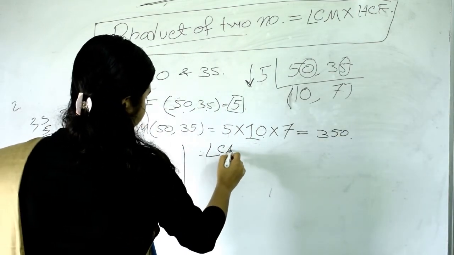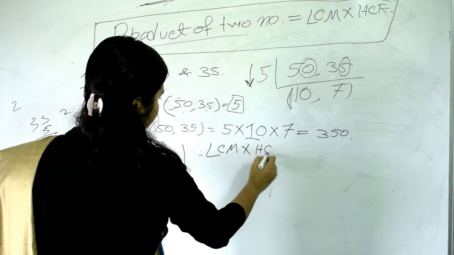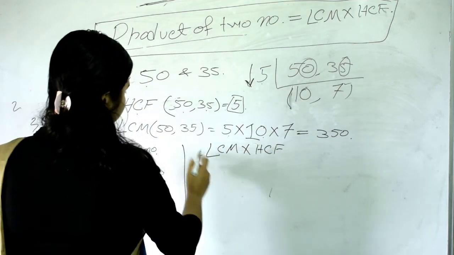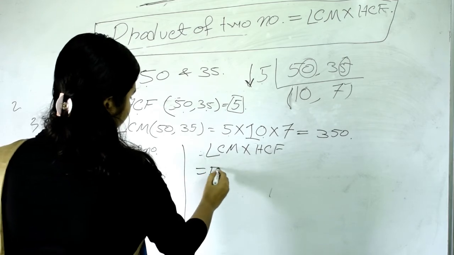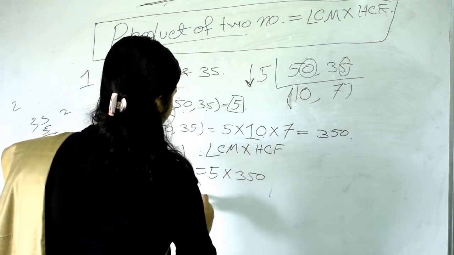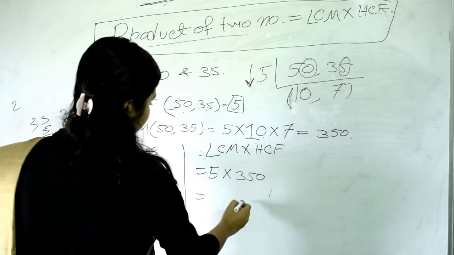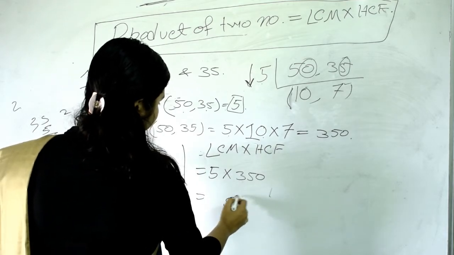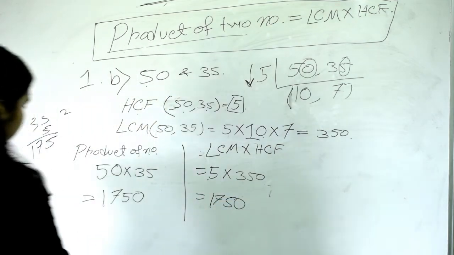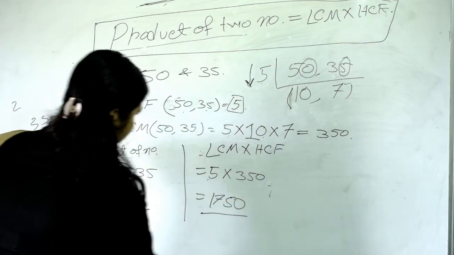And now LCM into HCF. Take the product of LCM and HCF of the numbers, which is 5 into 350. Now multiply 350 by 5: 1750. So both are equal.